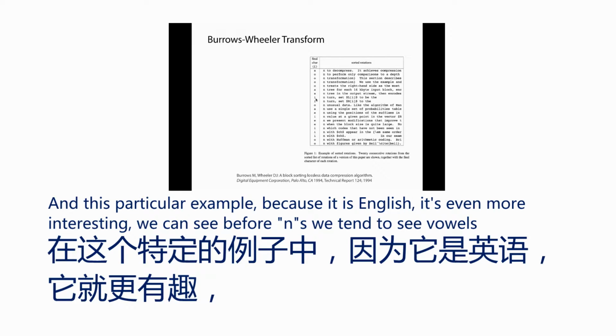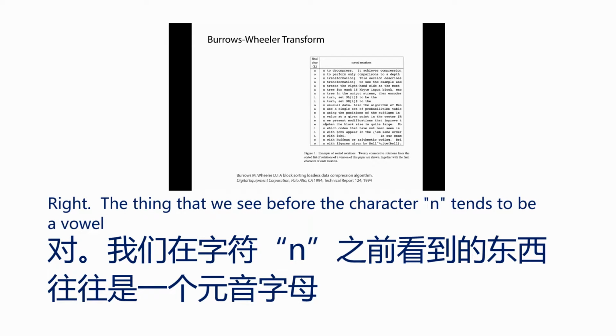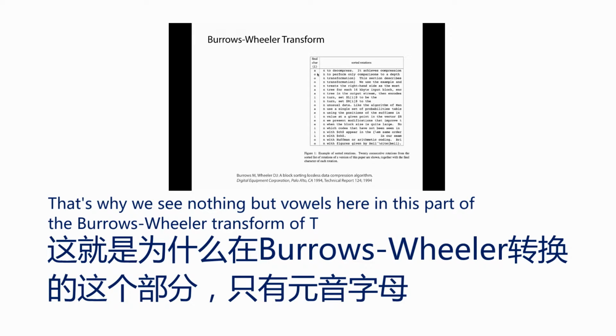And in this particular example, because it's English, it's even more interesting. We can see that before N's, we tend to see vowels, right? The thing that we see before the character N tends to be a vowel. And that's why we see nothing but vowels here in this part of the Burrows-Wheeler transform of T.